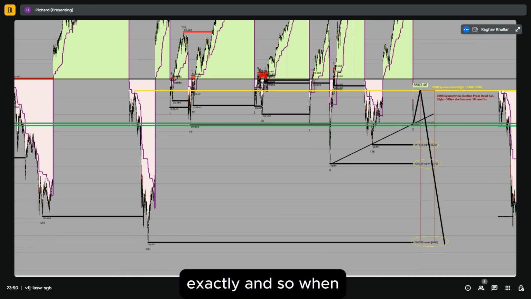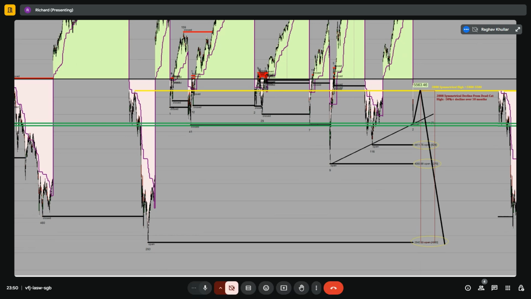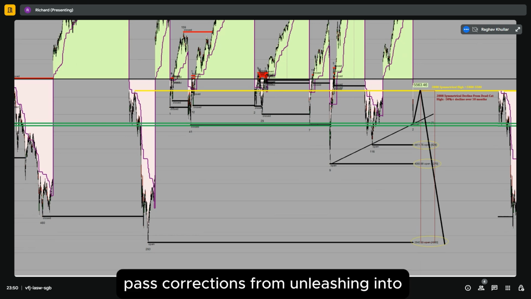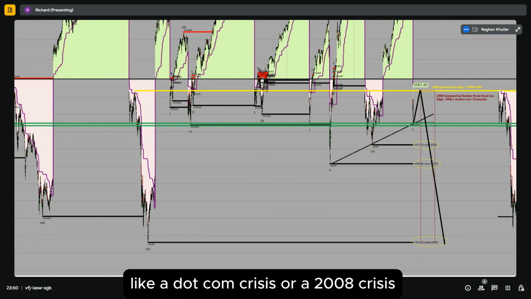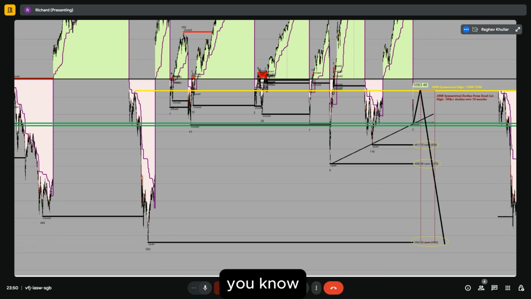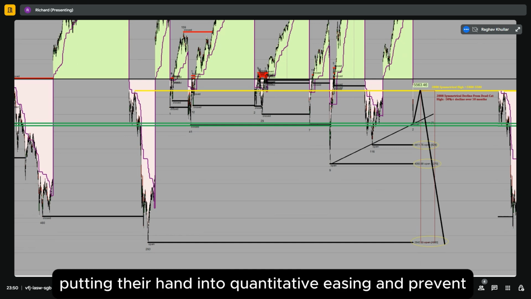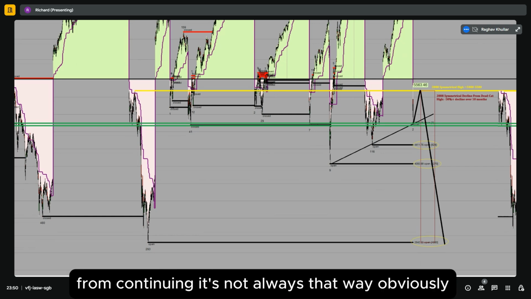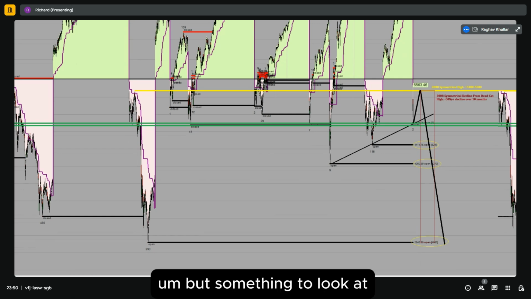Exactly. And so when we compare what stops past corrections from unleashing into a dot-com crisis or a 2008 crisis, typically we do see it's the Fed putting their hand into quantitative easing and preventing it from continuing. It's not always that way, obviously, but something to look at.